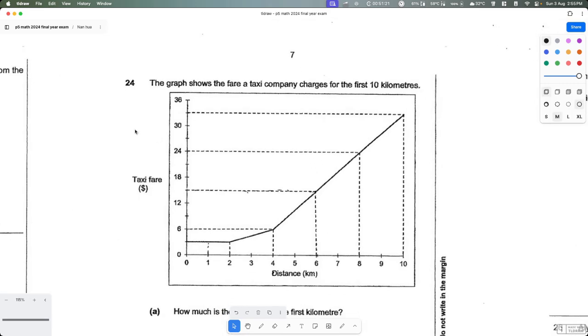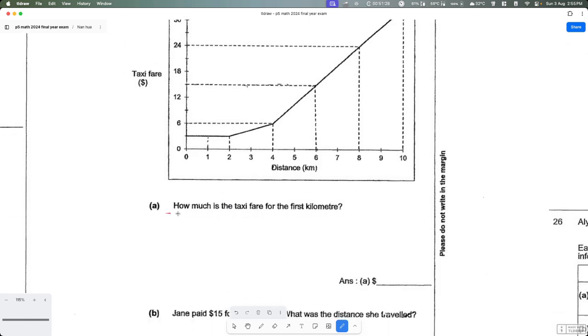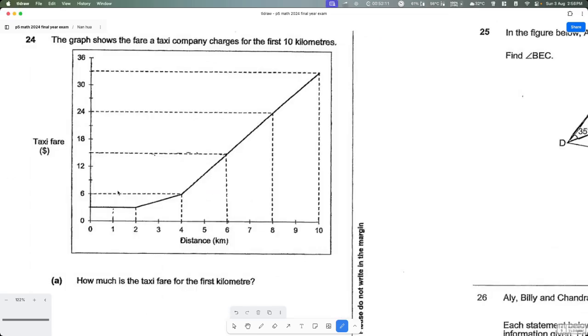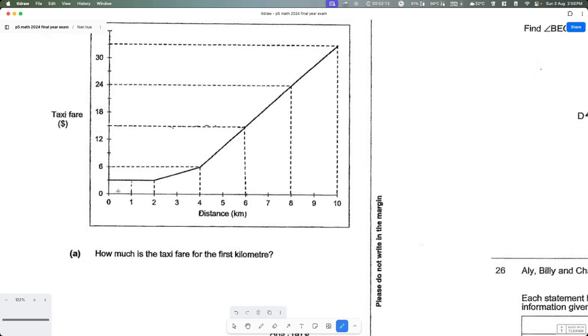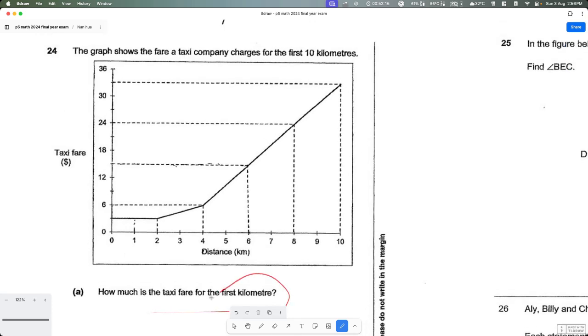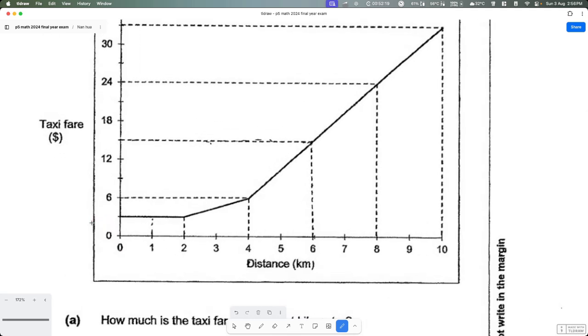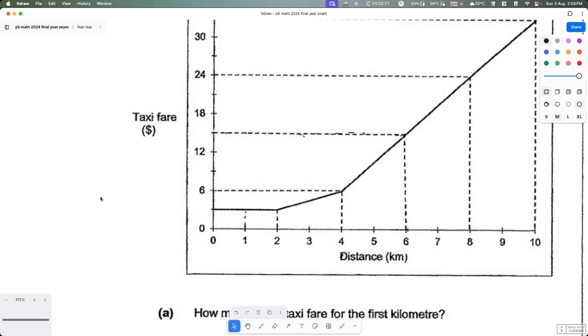24, the graph shows the fare a taxi company charges for the first 10 kilometers. Part A, how much is the taxi fare for the first kilometer? Before that, we want to know the gaps in terms of taxi fare. Over here, we have two gaps before the number 6. So two gaps is equal to $6.